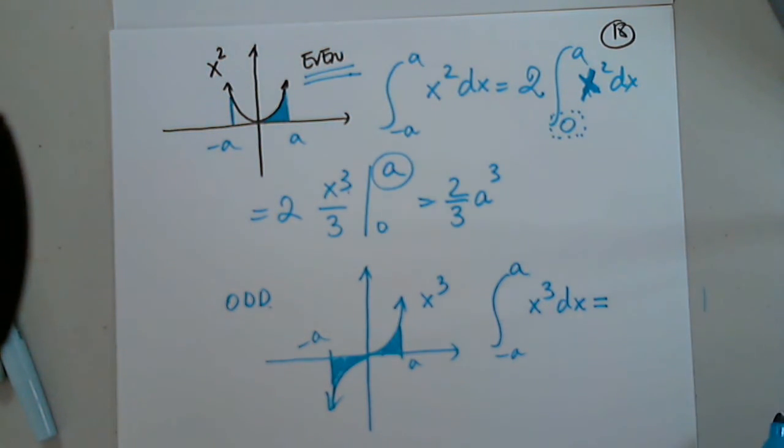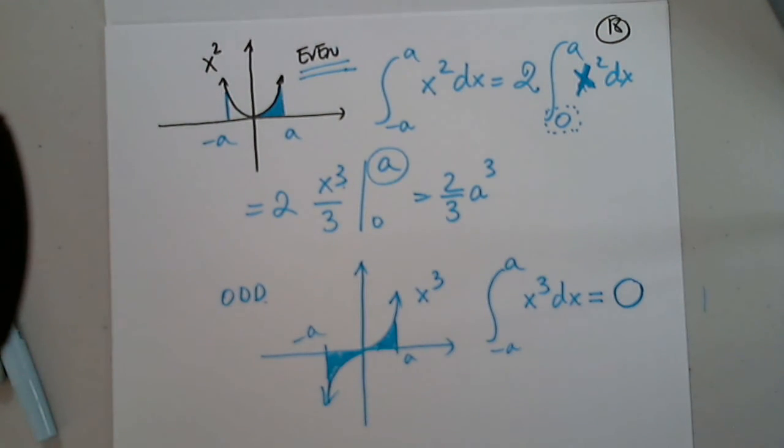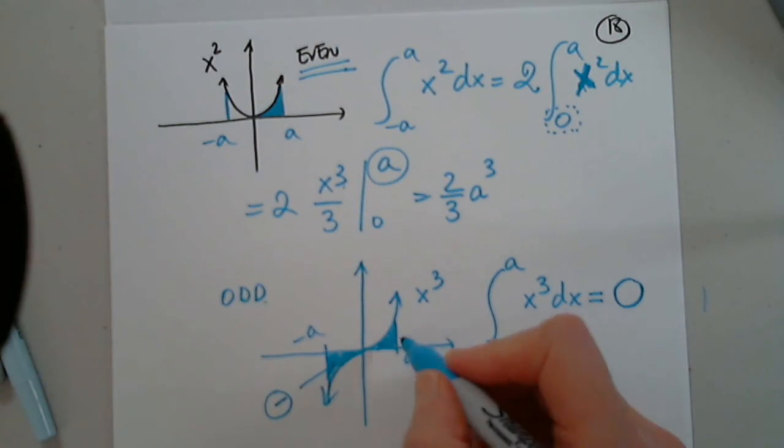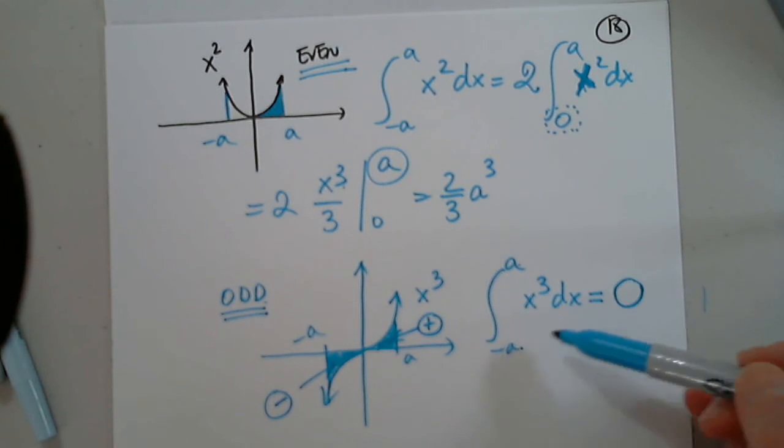What do you think? Wild guess. Why? Because these two areas are equal, but this one is negative and this one is positive. So if the function is odd and the interval is symmetric, the answer is 0.